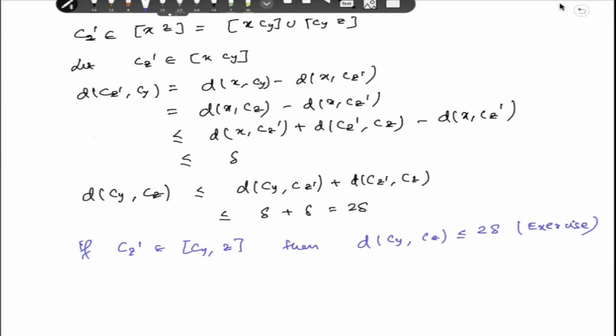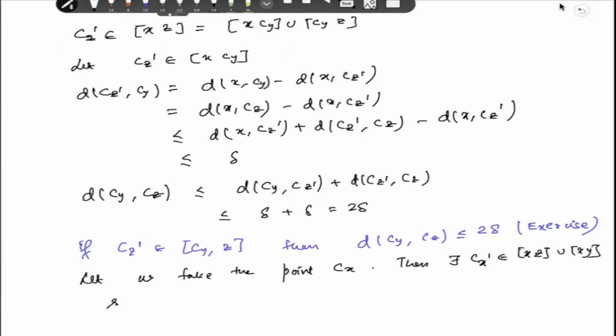And now let us take the point Cx. Then there exists Cx' either on the geodesic joining xz or on the geodesic joining xy, such that the distance between Cx and Cx' is less than or equal to delta.